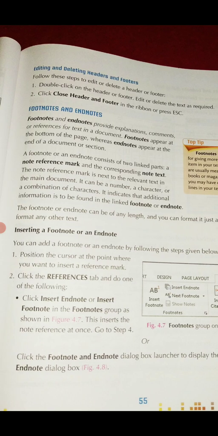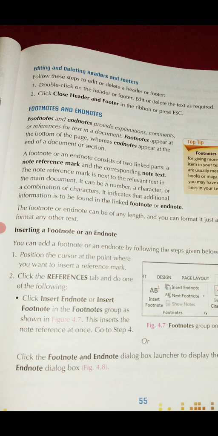Then the next one, you see footnotes and endnotes. Footnotes and endnotes provide explanation, comments or references for text in a document. So here, footnotes and endnotes, what are they? They provide us explanation, any sort of comments or references for our text in a document. Footnotes appear at the bottom of the page.